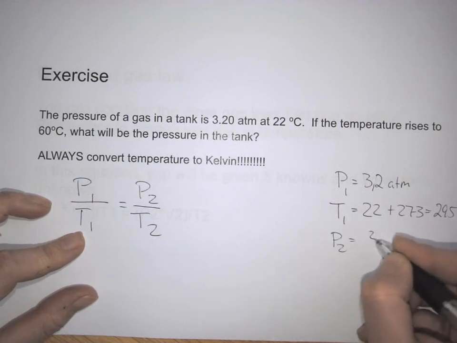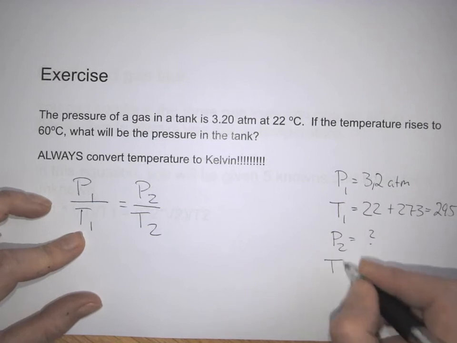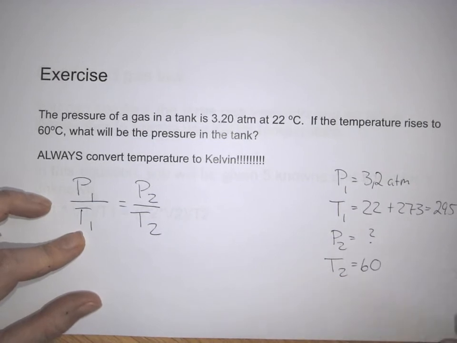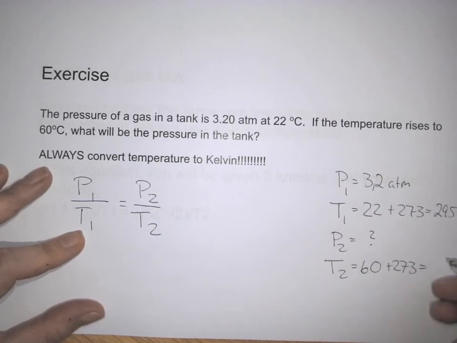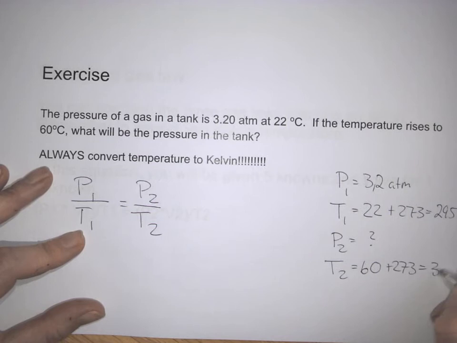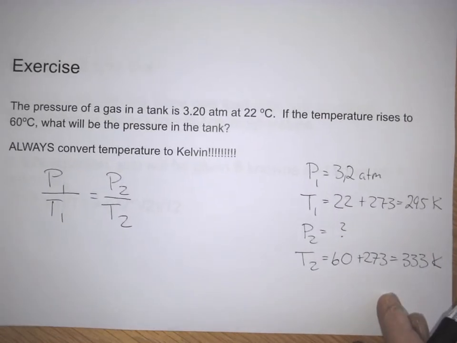P2 is what we want to know, so that is a question mark, but we know that the temperature was 60 degrees. So you need to add 273 to get the Kelvin, and that will give us 333 Kelvin degrees. So now we put these values into the equation.